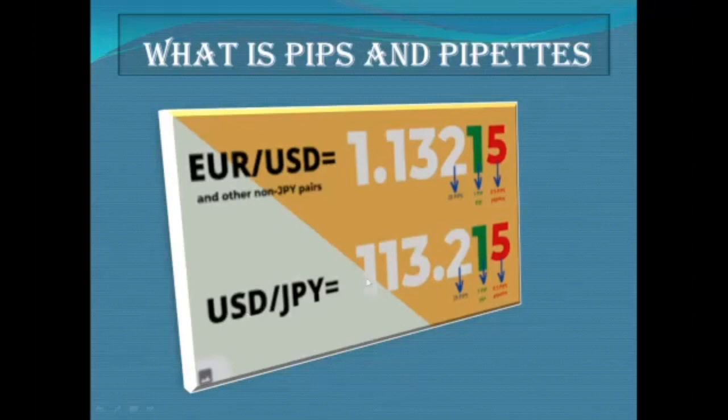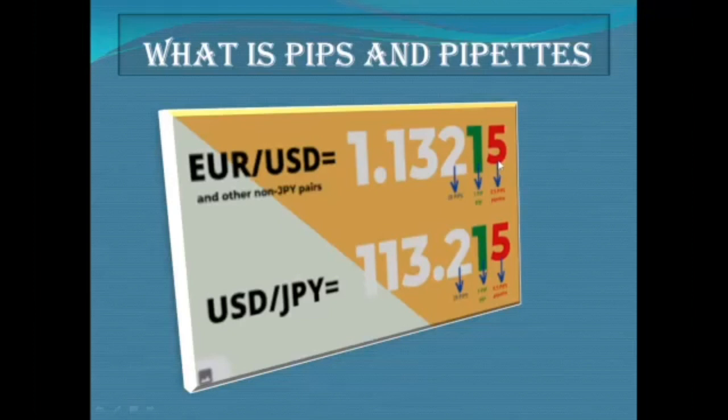The unit of measurement to express the change in value between two currencies is called a pip. If Euro USD moves from 1.13215 to 1.13216, it's moved 1 pip. That is exactly equal to 1 pip.